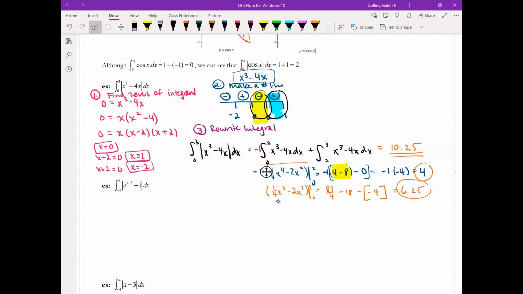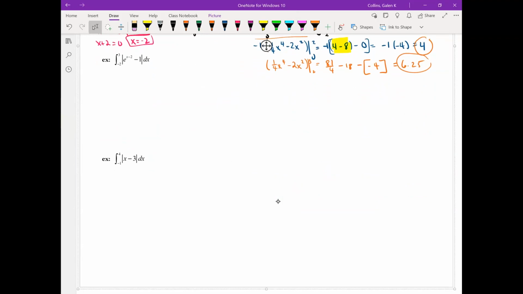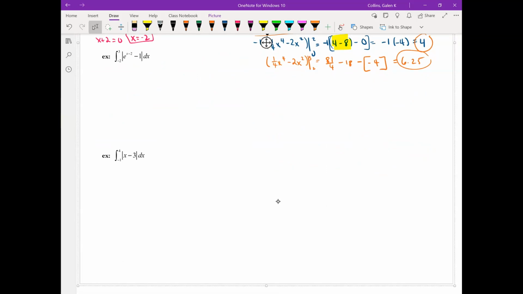All right, let's try the next one. Again, the same process. The first thing we want to do is find the zeros of the integrand. So I want to set my integrand equal to 0. And there's nothing to factor here. We always check for factoring first, but there's nothing to factor. So instead I could add 1.